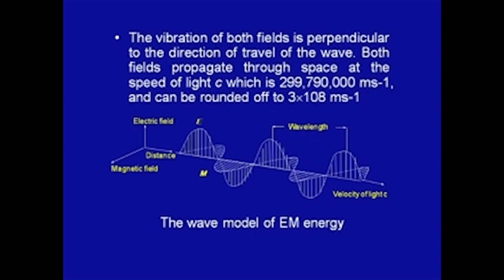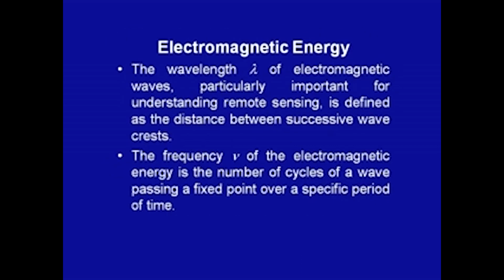The figure below shows a schematic layout of the two electromagnetic radiation fields, that is the electric field E and the magnetic field M, and the manner in which these waves propagate through space at the velocity of light. The wavelength of electromagnetic waves, particularly important for understanding remote sensing, is defined as the distance between successive wave crests.